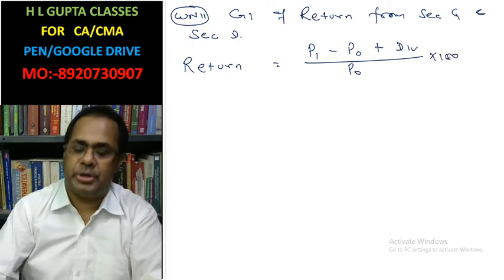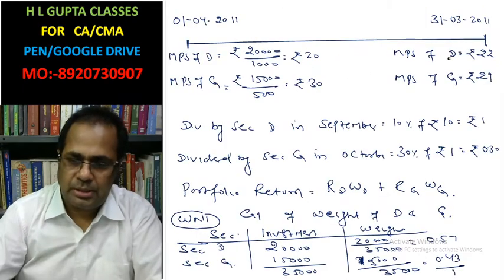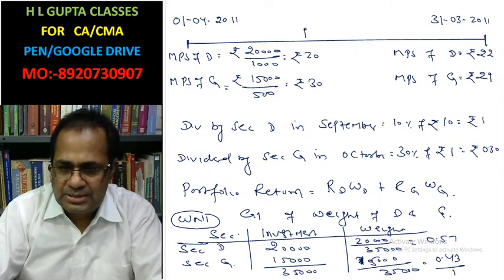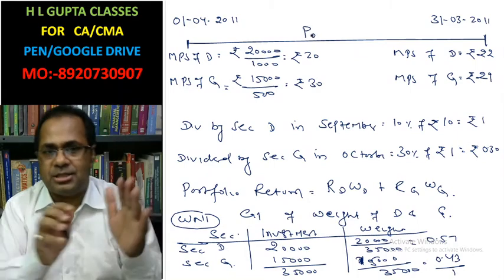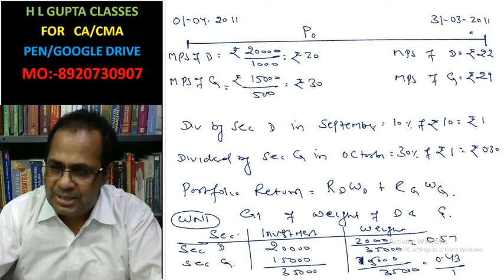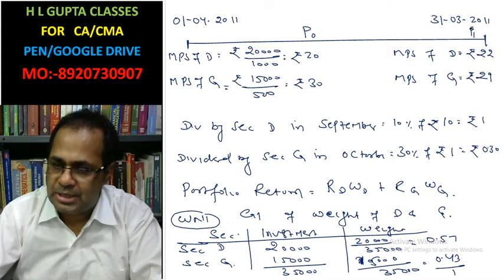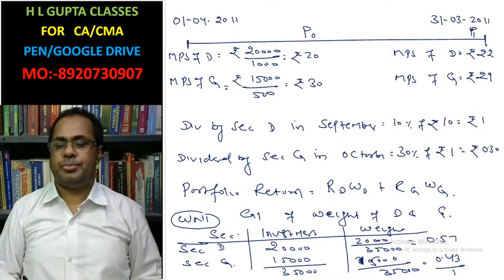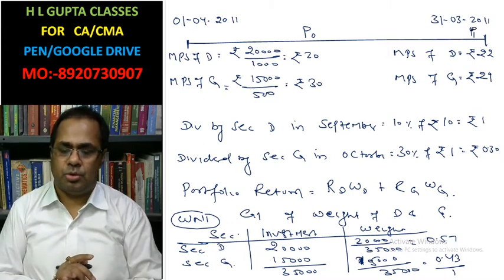Please try to understand: P0 is the market price at the time of investment, and P1 is the market price when the end of the period is reached.